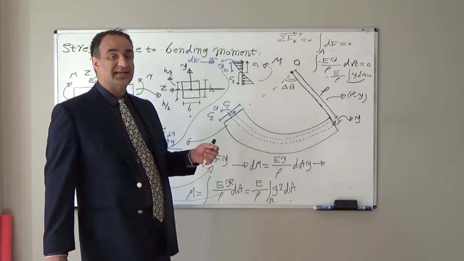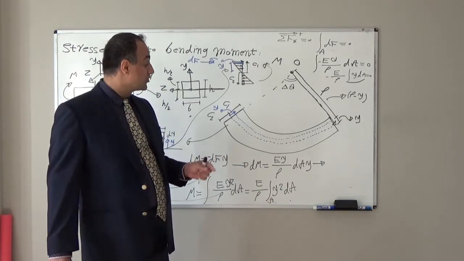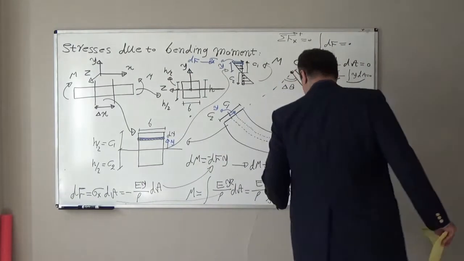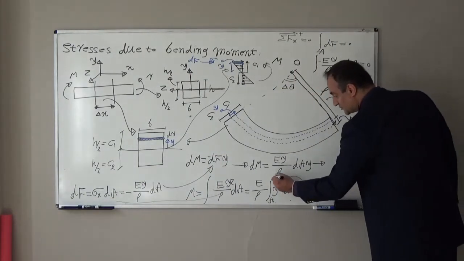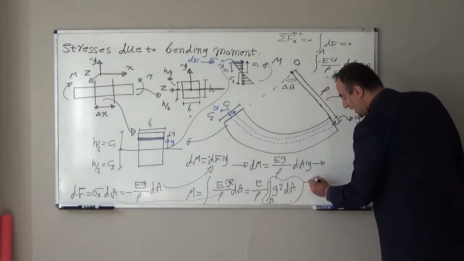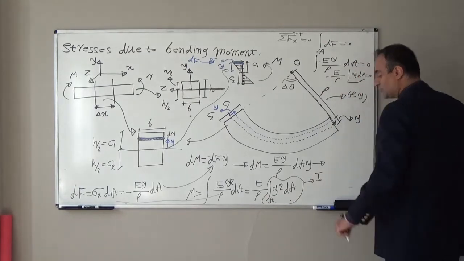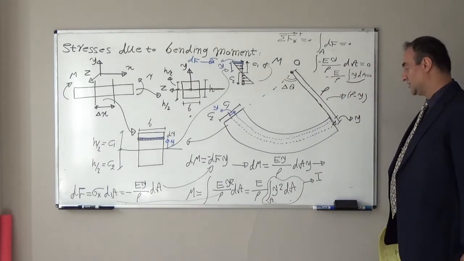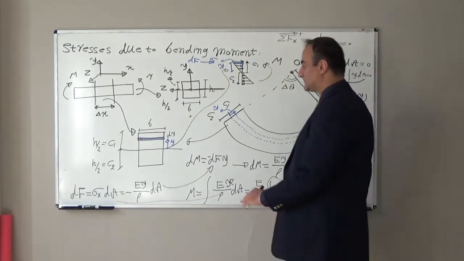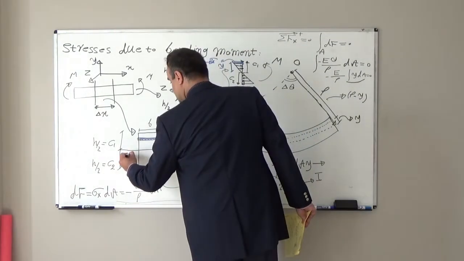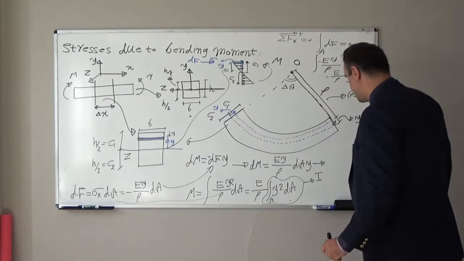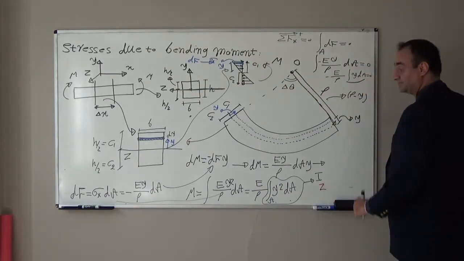Then we have second moment of area or moment of inertia. If you remember, we used to show it with I. This is the moment of inertia for that cross section with respect to this axis that passes through the centroid. For example, here it is Z, so it will be I z.